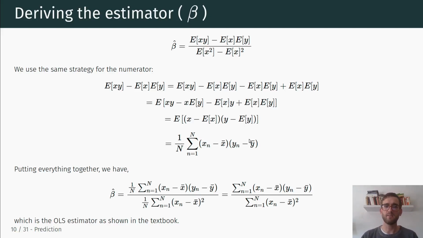And now if we put everything together, we replace what we have up here with what we rearranged down here, and that means beta hat is equal to 1 over n times the sum from n equals 1 through N of xn minus x bar times yn minus y bar divided by 1 over n times the sum from n equals 1 through N of xn minus x bar squared. Okay.